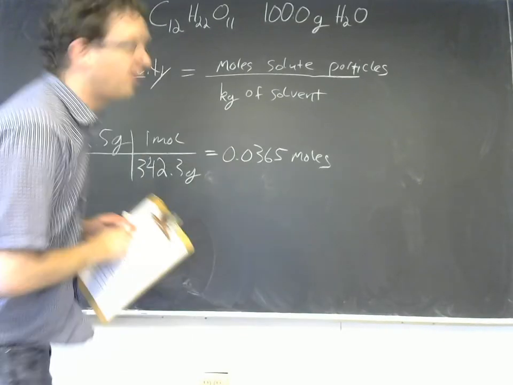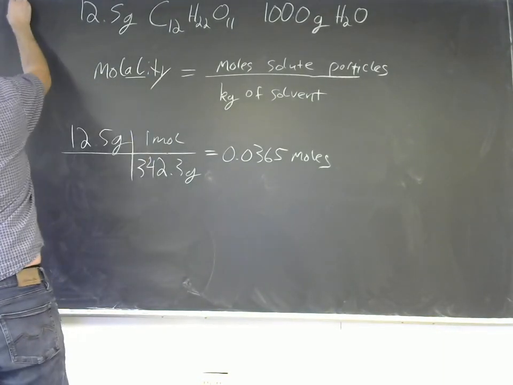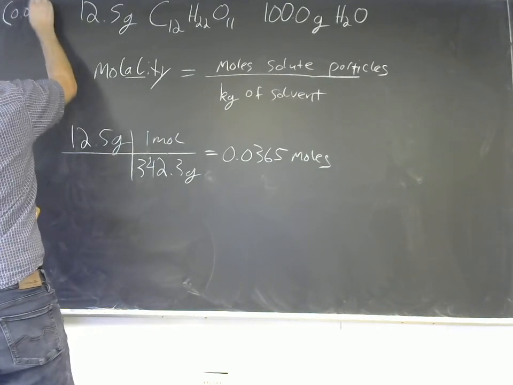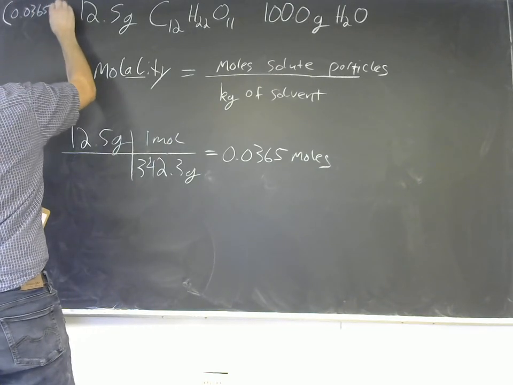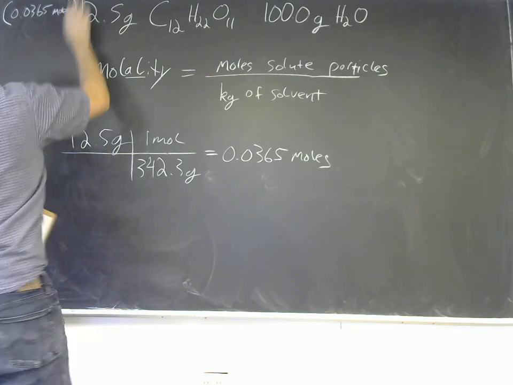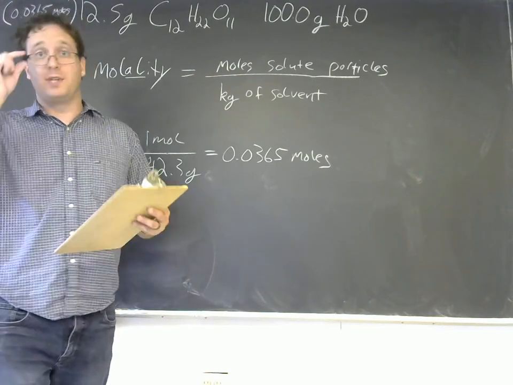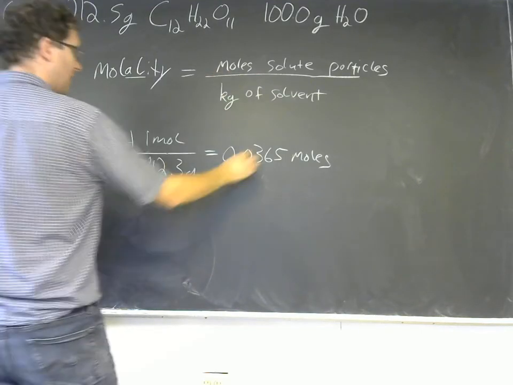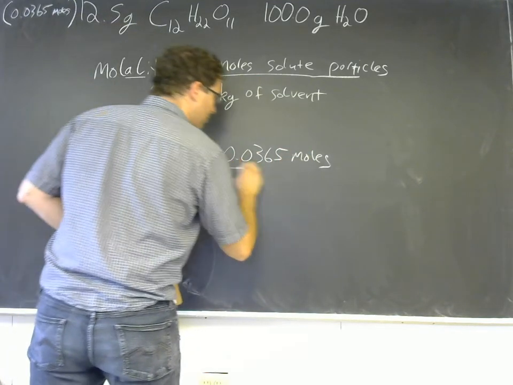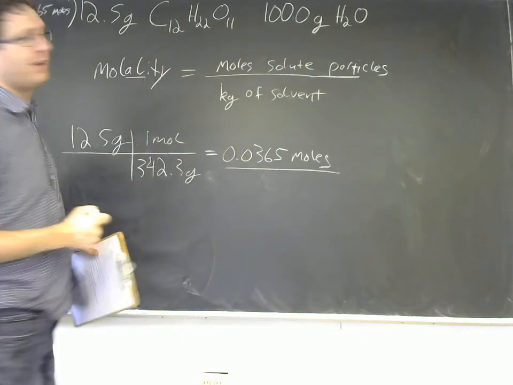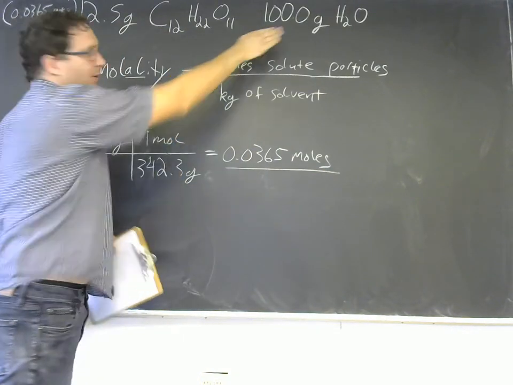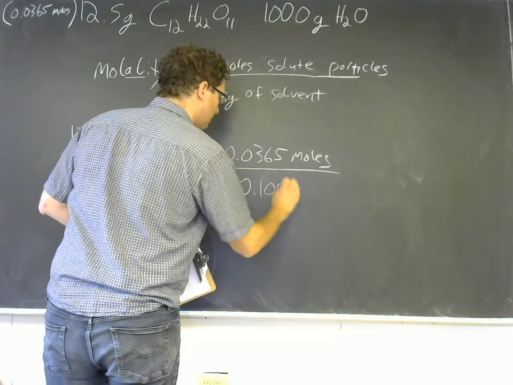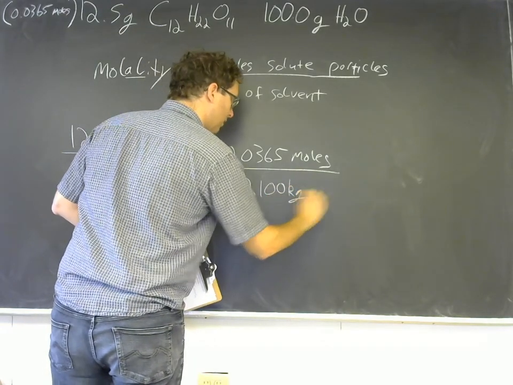We're going to want to use that number later, so I'm going to go ahead and write it up here. 0.0365 moles. Barely fits, but we'll need that number later as well. So moles of solute particles, that's 0.0365 moles. We'll divide that by kilograms of solvent. 100 grams of water is 0.100 kilograms.